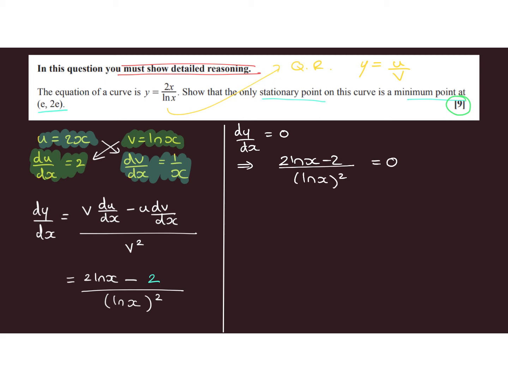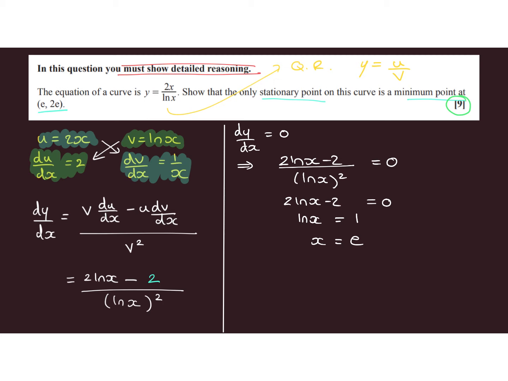Now multiply both sides by the denominator, and we have 2 ln x minus 2 equals 0, or alternatively, just thinking logically, the only way we're going to get a 0 out of this division is if the numerator is 0. This then gives me ln of x is equal to 1, so x is equal to e.